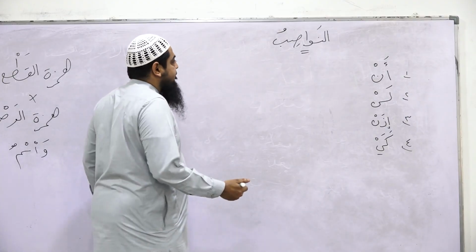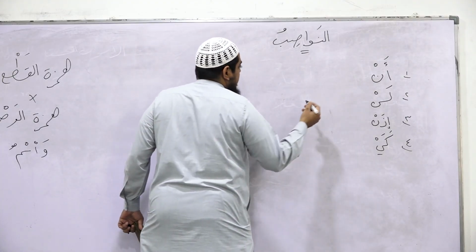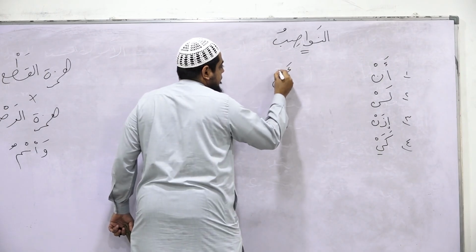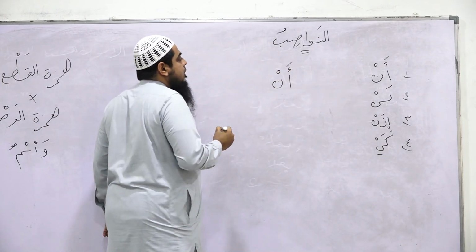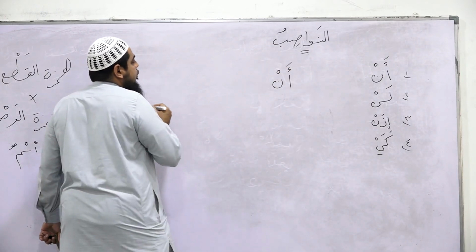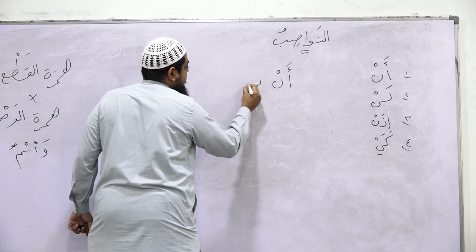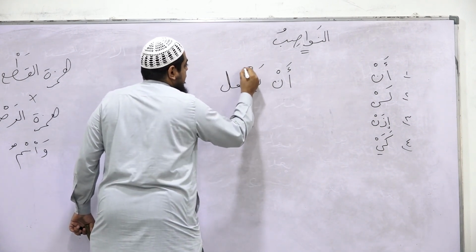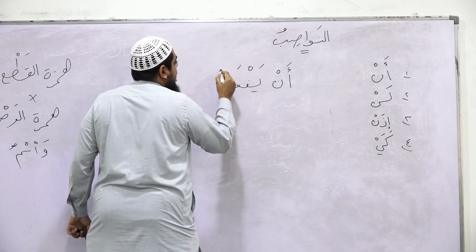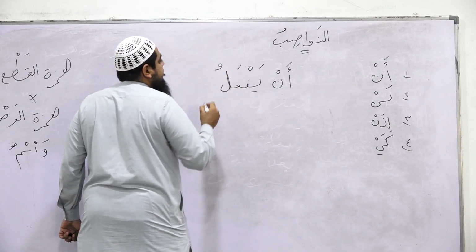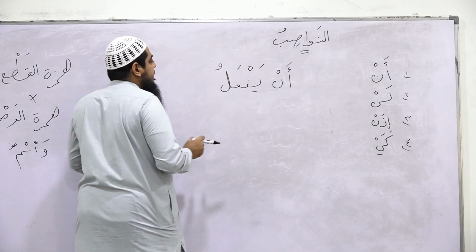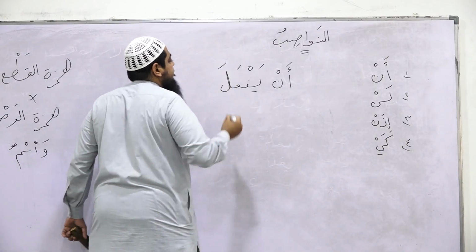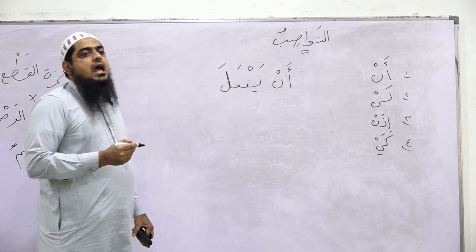How? Let's see. For example, I am taking an, and I am putting fi'l al-mudari'. Actually it was yaf'alu, isn't it? Because of this an, now you give it nasb here. You say yaf'ala.